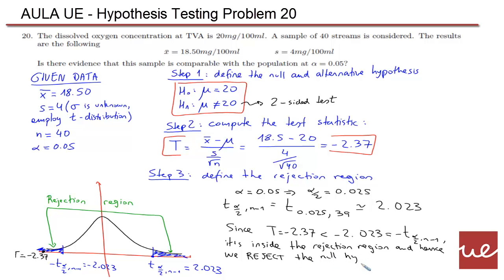So the conclusion, since we reject the null hypothesis, is that there is no evidence to support the assumption, okay? In this case, there is no evidence to conclude that the dissolved oxygen concentration at TBA is equal to 20, okay? And that will be the final answer for this particular example.